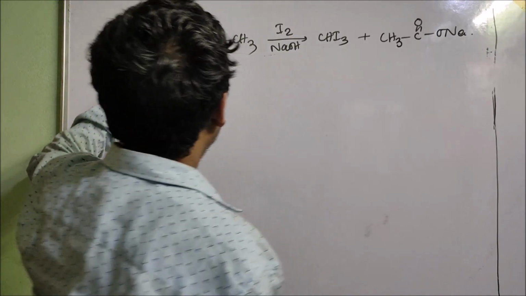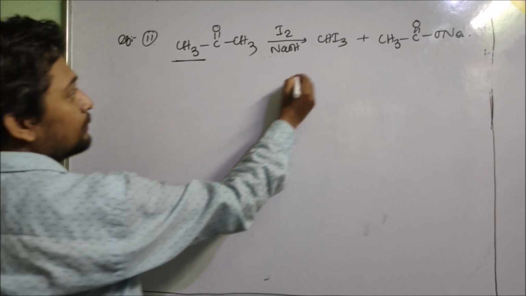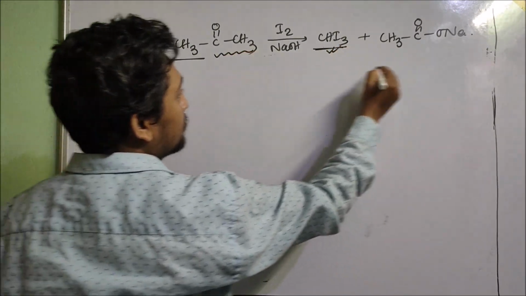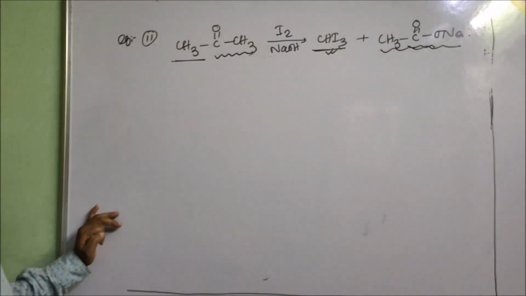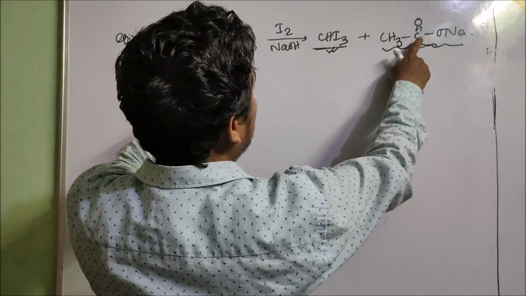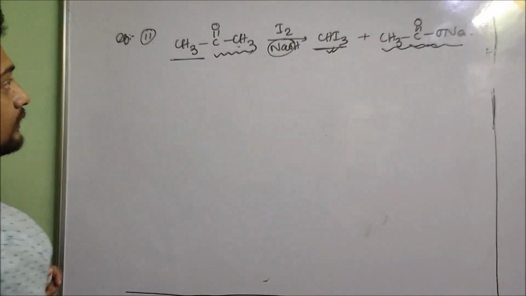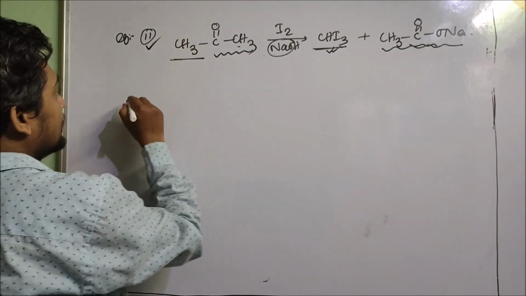Here is another example where this methyl group converts into iodoform, and this part converts into the carboxylate salt: CH3COONa, which comes from here. Let's see another example.